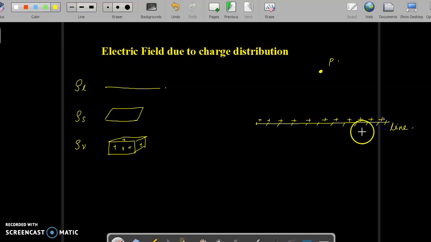So the line is equally divided, so there are n number of elements. Let us consider that the width of each segment is very small. That means the number of elements is approaching infinity. So there are an infinite number of segments. The width of each segment is, let us consider, dl. dl is the width of each segment.